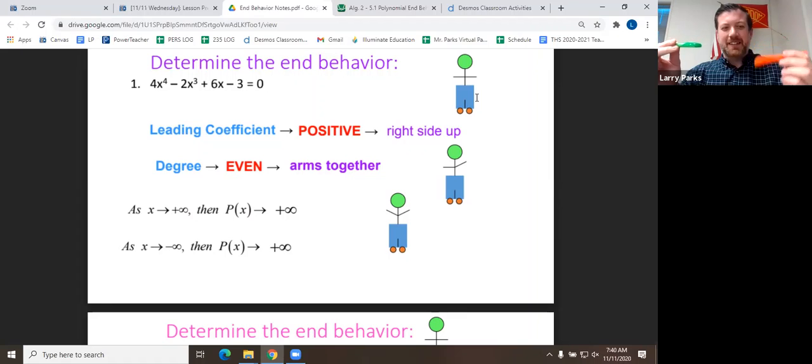Okay. So we have to determine what it's going to do on the right. Okay. Is this the right side or is my camera flipped over? Is this the right side? That's the left side? No. Well, that's right.